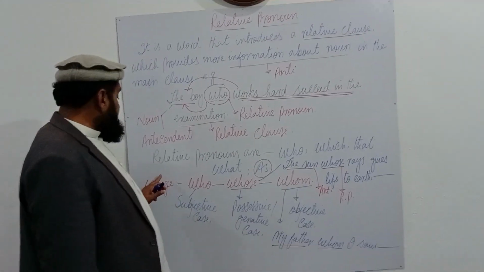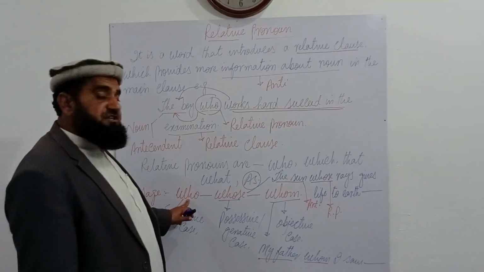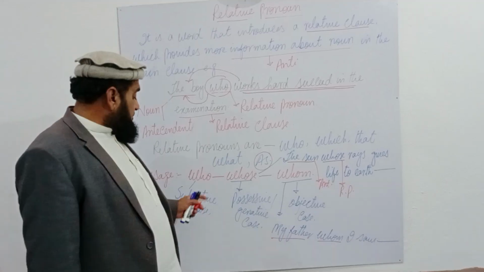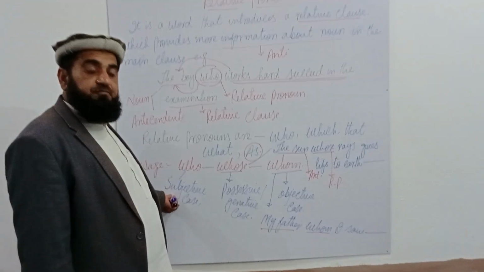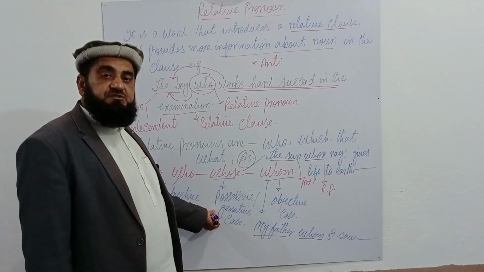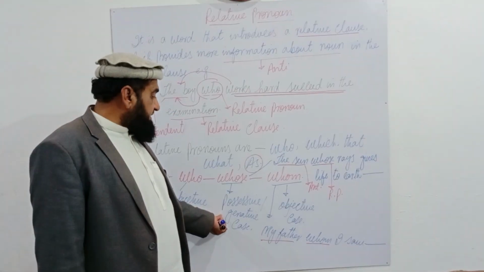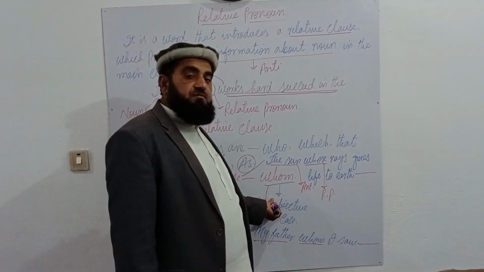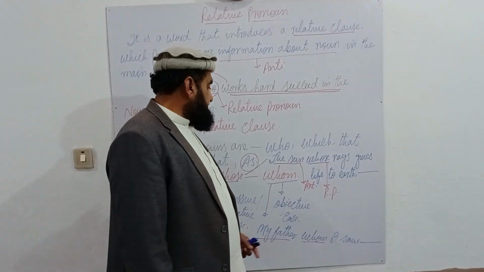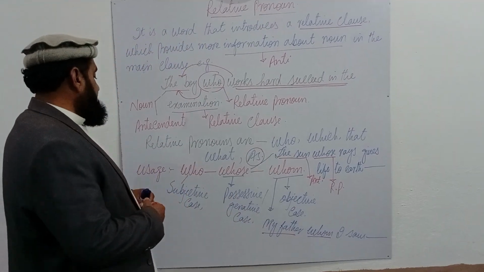Then usage. First of all, the usage of who. How will we use who? Who is the subjective case, whose is the possessive or genitive case, and whom is the objective case. So where can we use who?